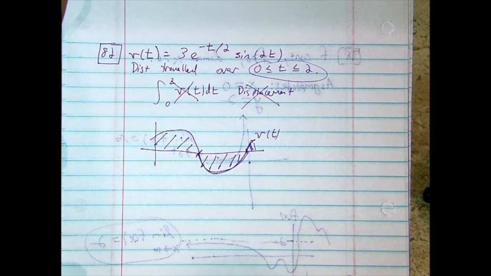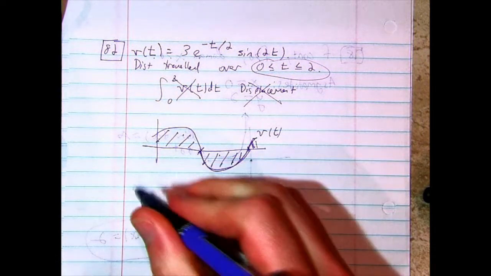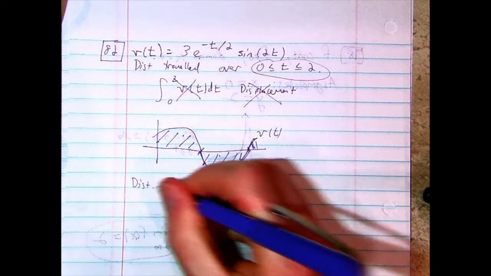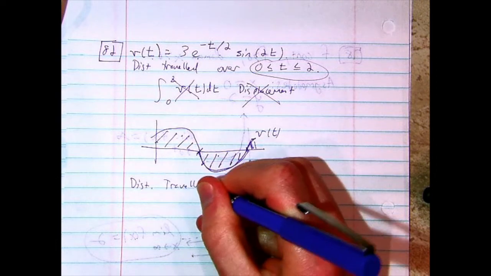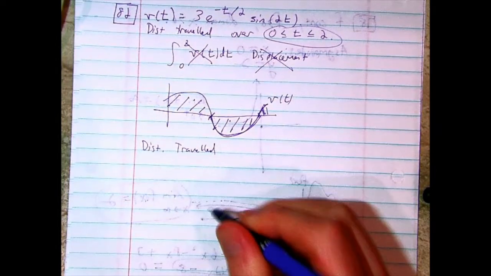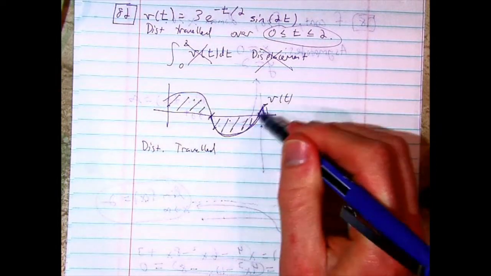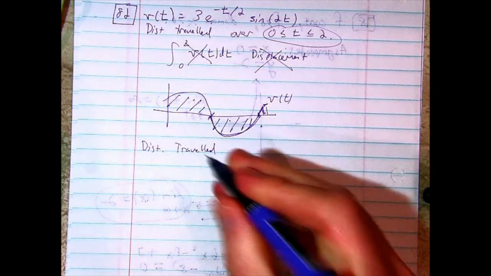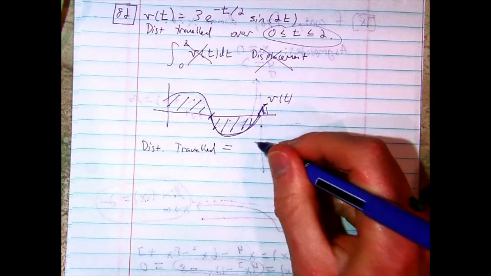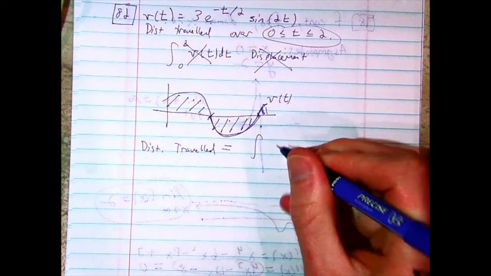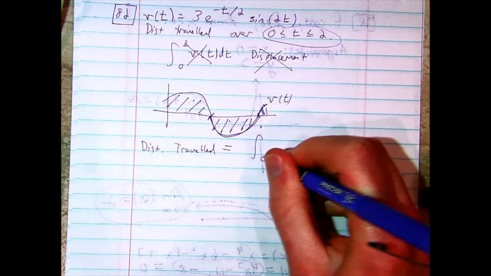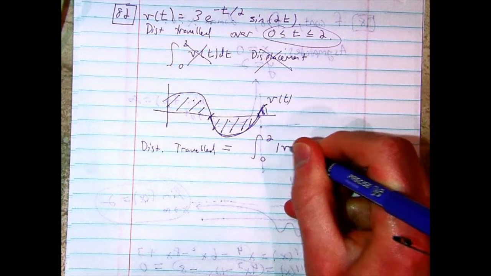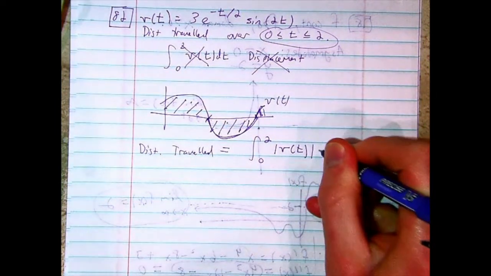Since we have a calculator on this section, there's actually a trick that we can do. The distance traveled can be found with one single integral, even if your velocity function crosses the horizontal axis. That is, even if your particle changes direction. The distance traveled will always be the integral, in this case from 0 to 2, of the absolute value of the velocity function.